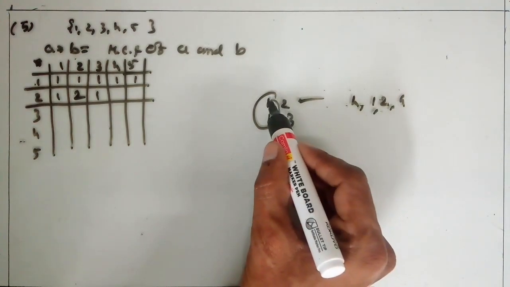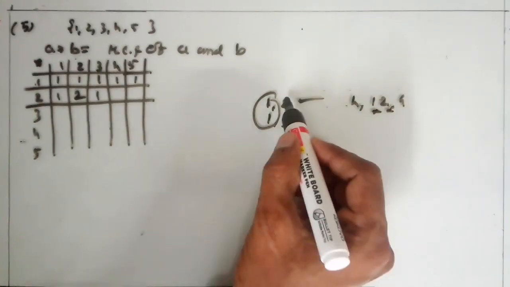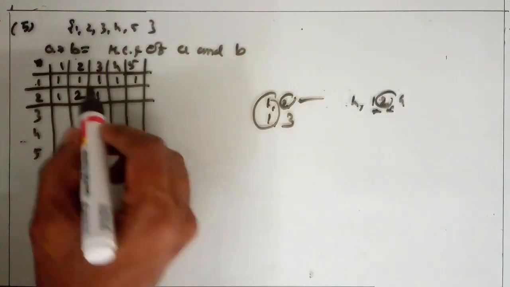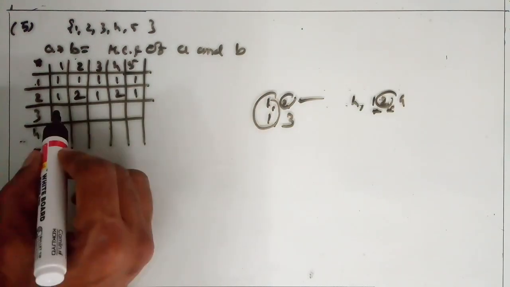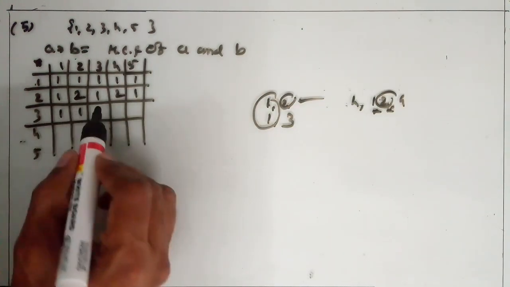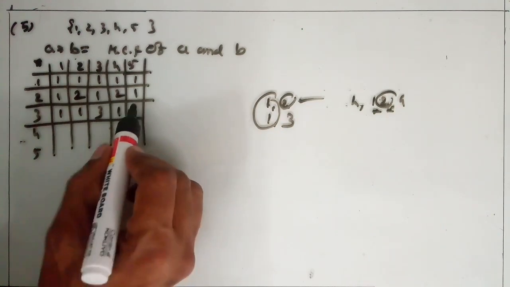The common ones are 1 and 2, but the highest is 2. Similarly for 3, 1, 1, 3, 1, 1.